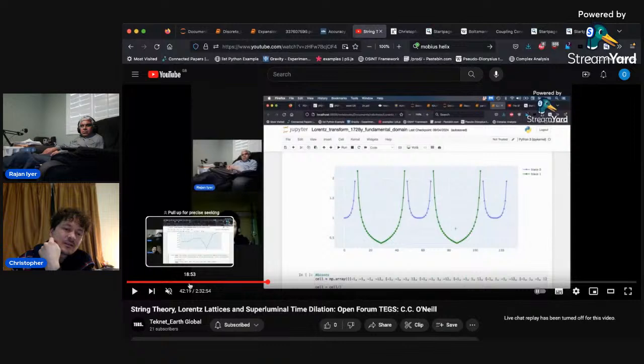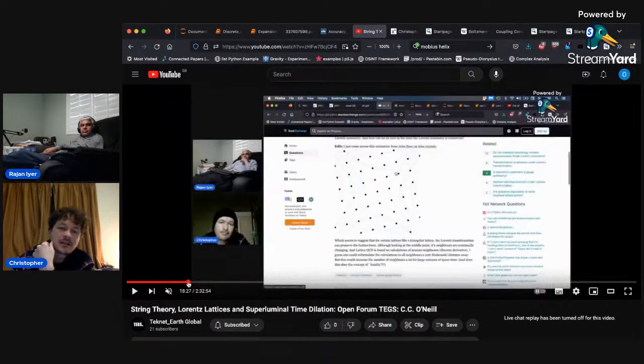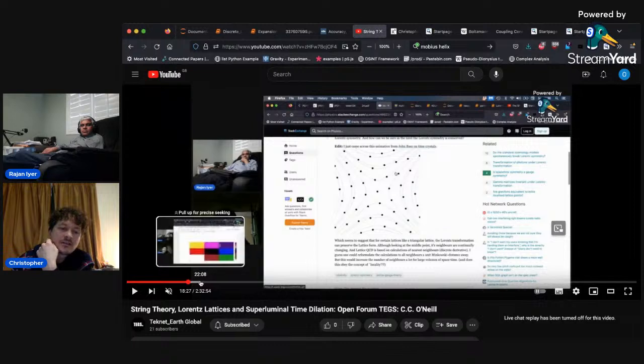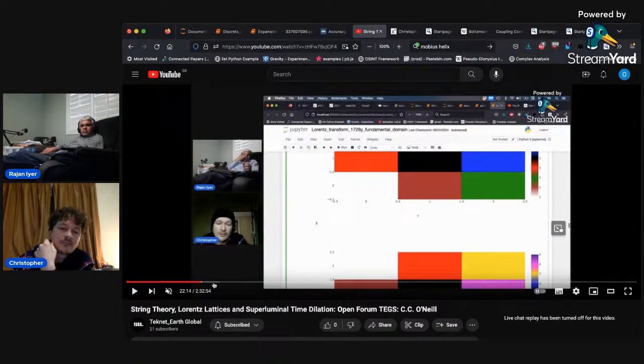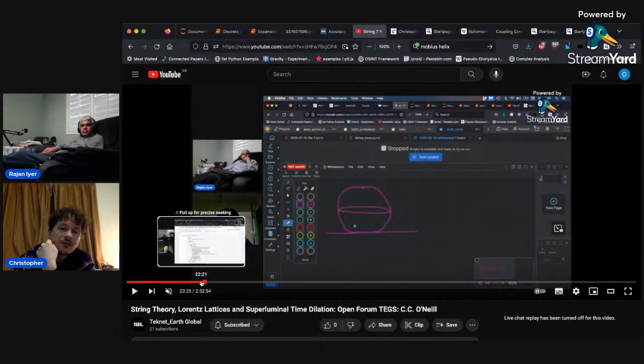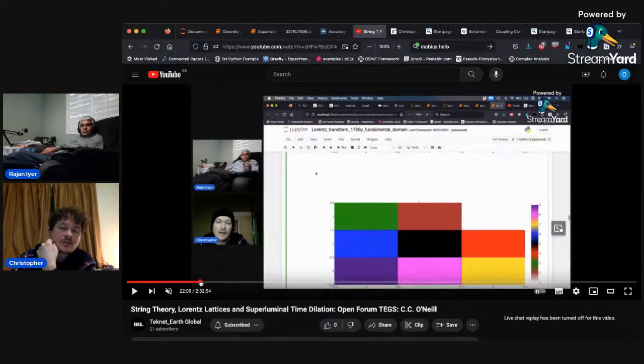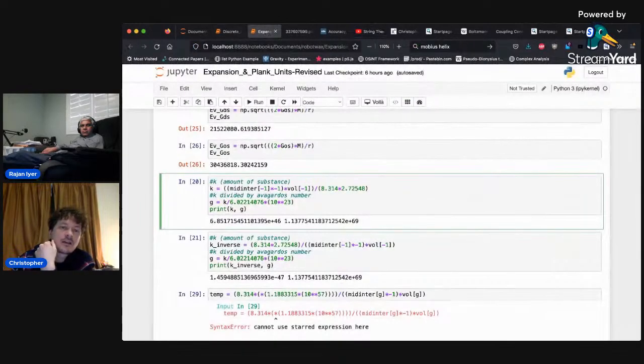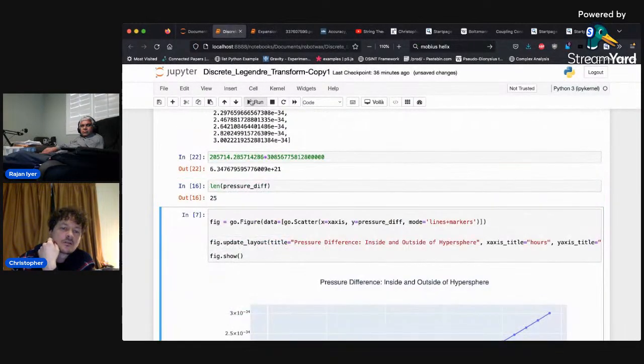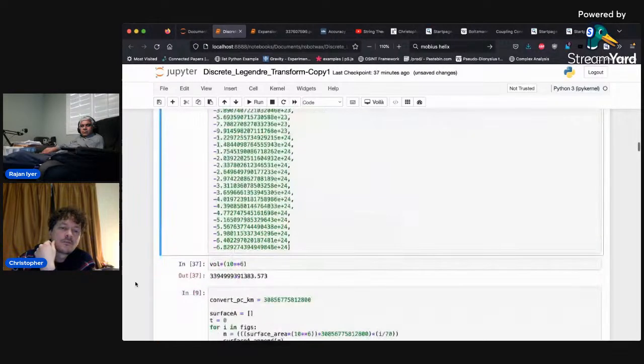More these things where we had the lattice, the Lorentz lattice, and then it goes into these descriptions of the lattices. Because these are just 3x3 ones, so these are modular because they permute.